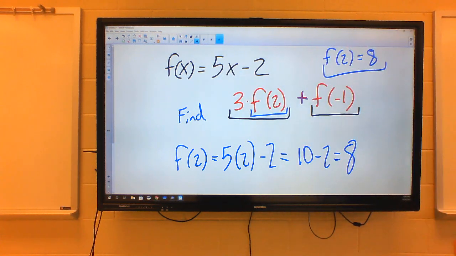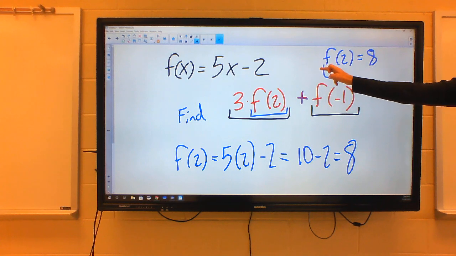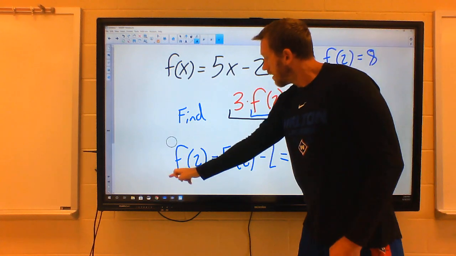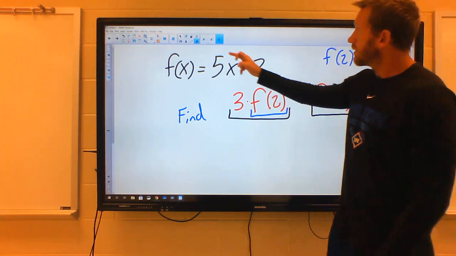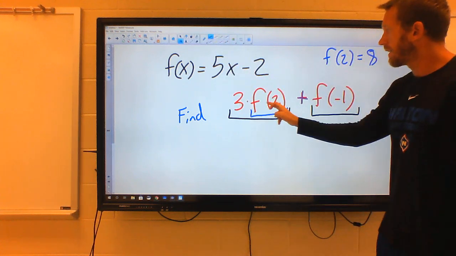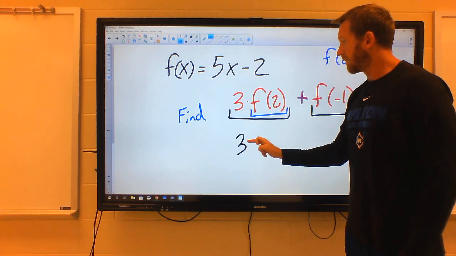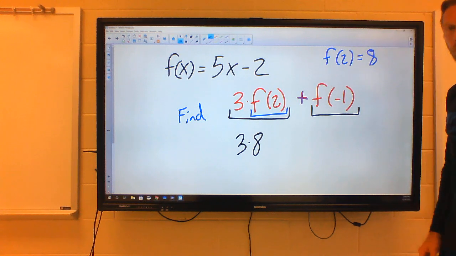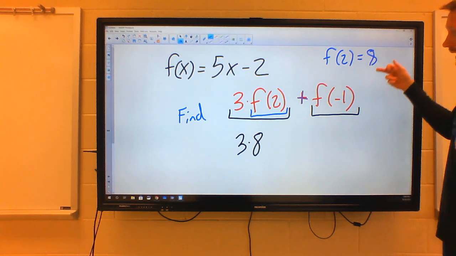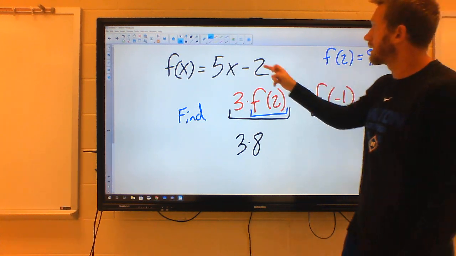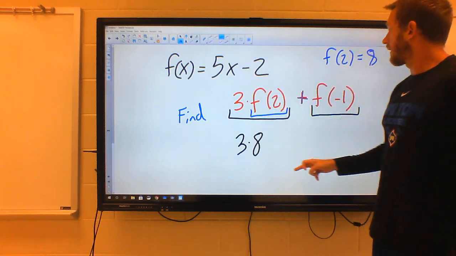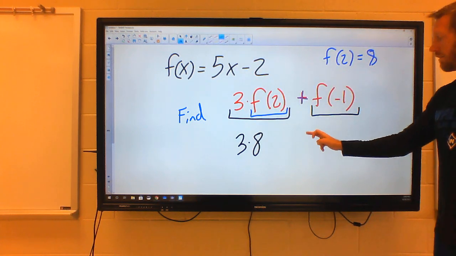Okay? So now we know what f of 2 is. So 3 times f of 2 is really 3 times 8. Hopefully that makes sense, because if f of 2 is 8, 3 times that is 3 times 8. Now let's look at f of negative 1.